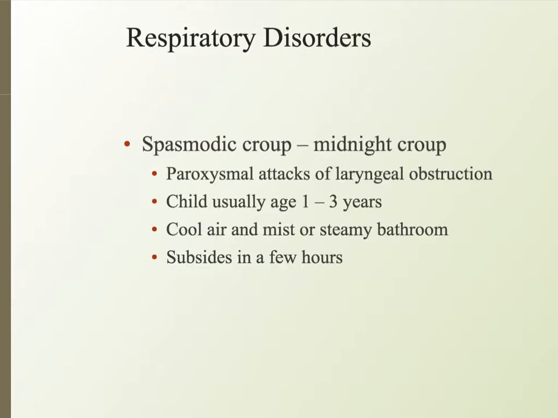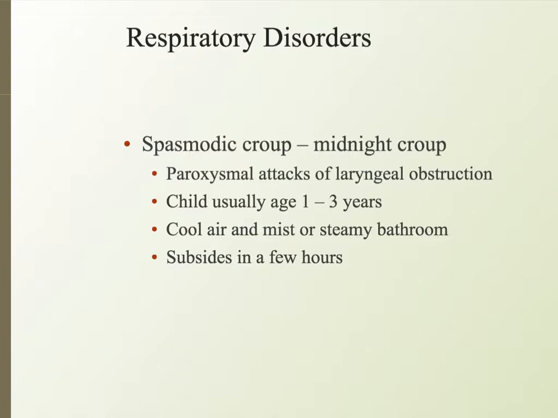Another thing you may see is spasmodic croup or midnight croup. This is something that is sudden. It's paroxysmal attacks of laryngeal obstruction. A very sudden cough in the middle of the night.